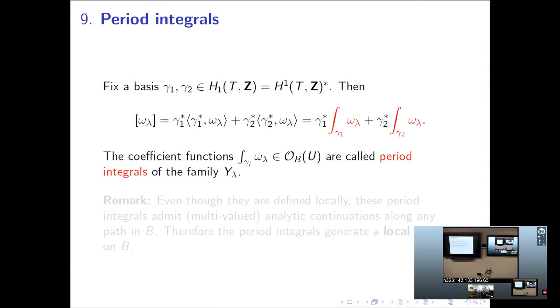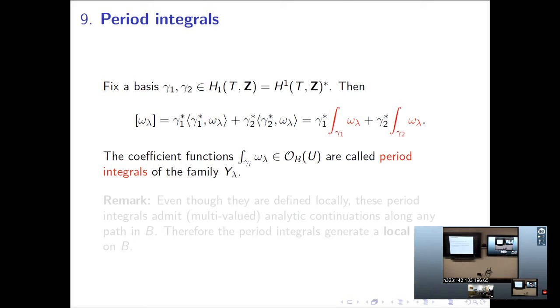So now, what are the period integrals? Suppose we fix the basis gamma 1, gamma 2 of the first homology of the two torus. Then our cohomology class omega can be expanded in terms of a linear combination of the dual bases, where these coefficient functions are period integrals.